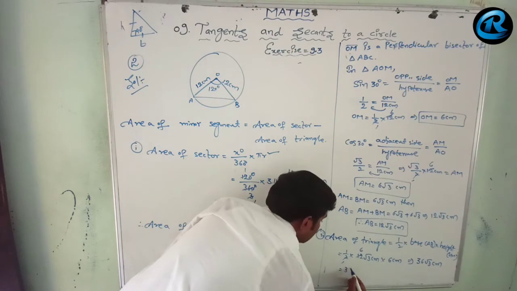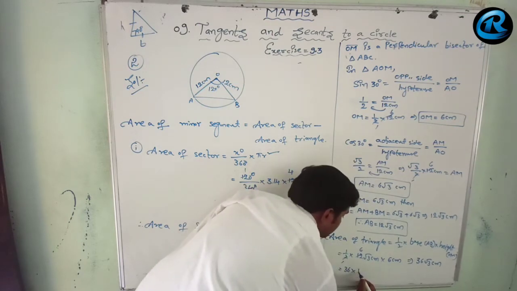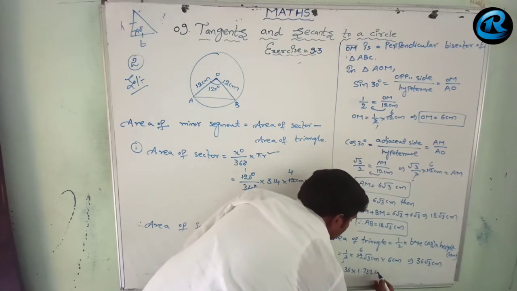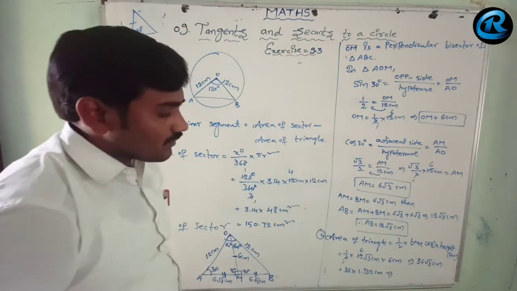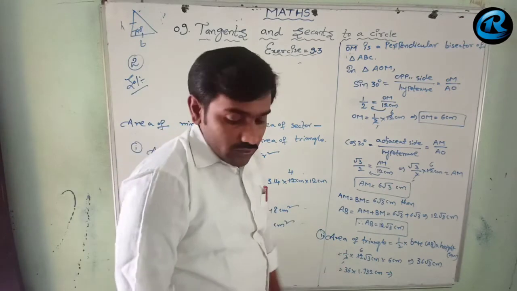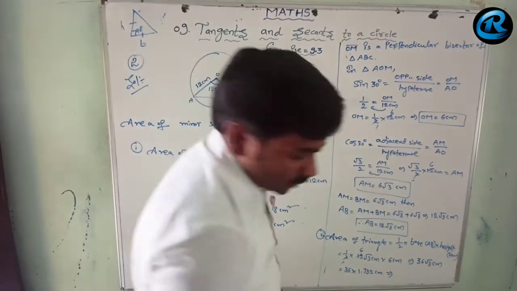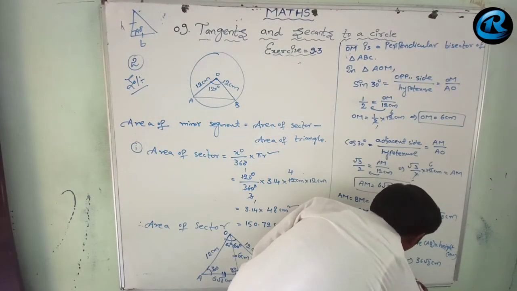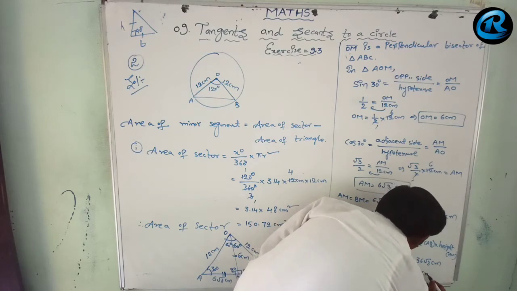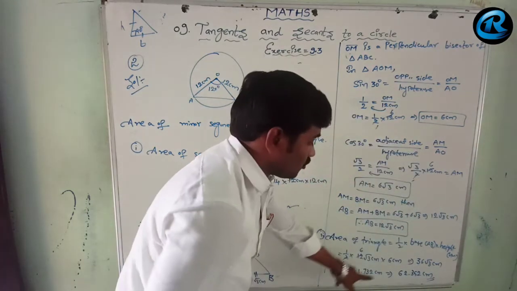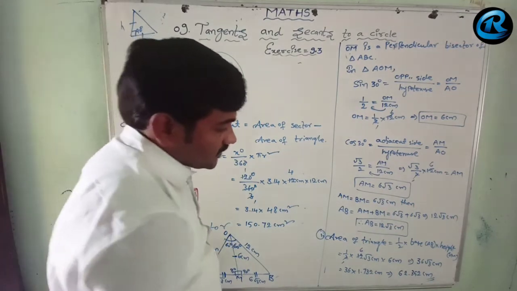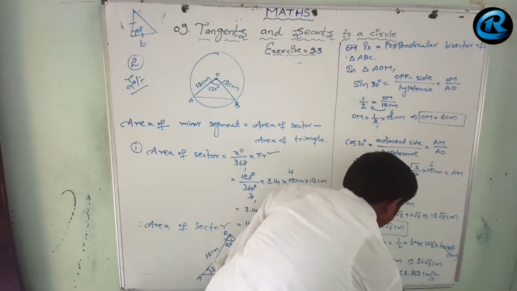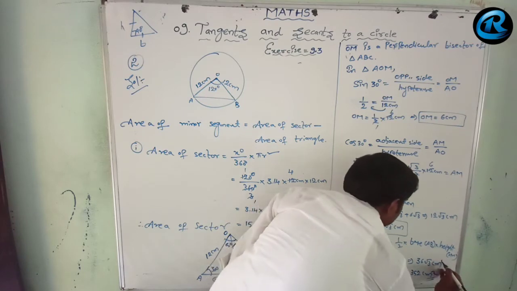So here 36 into root 3 value 1.732 centimeters. ఈ రెండింటిని మల్టిప్లై చేయాలి. 36 into 1.732 ఈ రెండింటిని మల్టిప్లై చేస్తే మీకు వస్తుంది 62.352 centimeters square. Centimeter into centimeter, centimeter square.